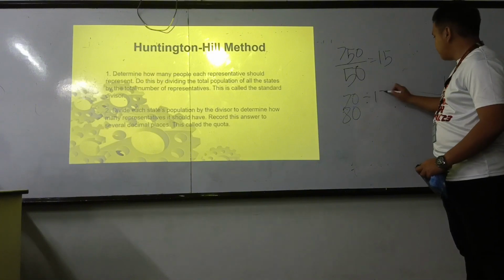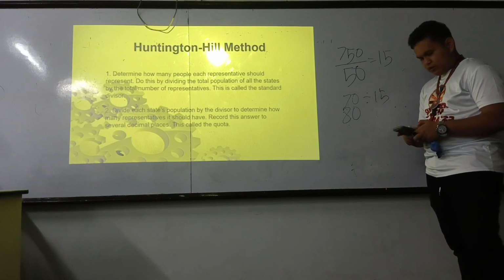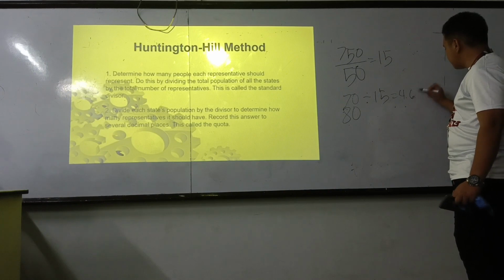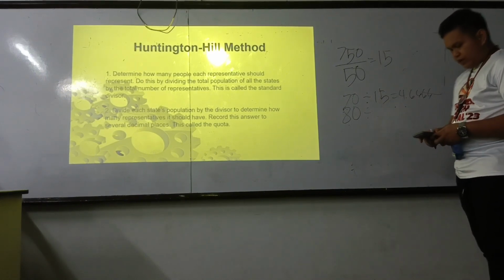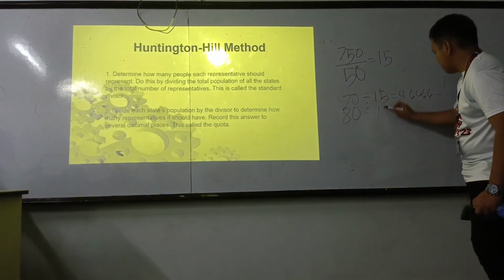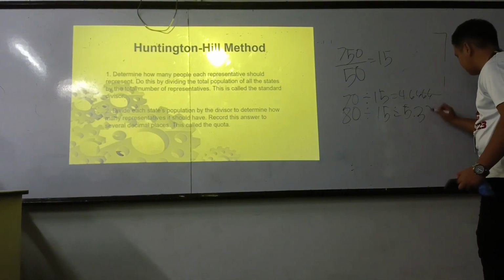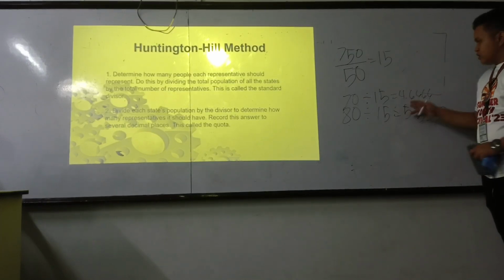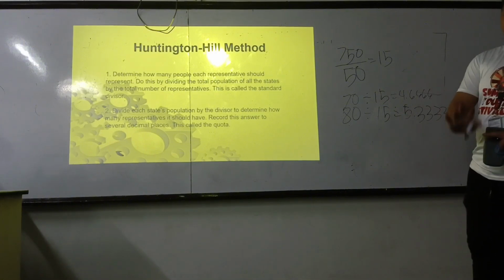So 70 divided by the standard divisor 15 is equal to 4.6666, and 80 divided by 15 is equal to 5.3333. So this is our quota.